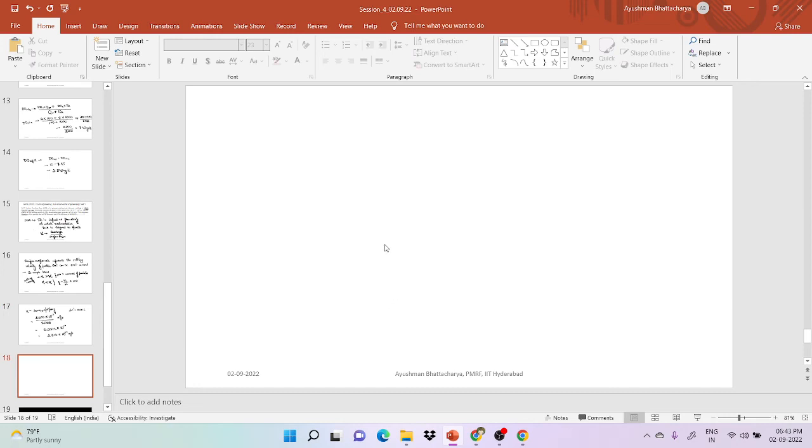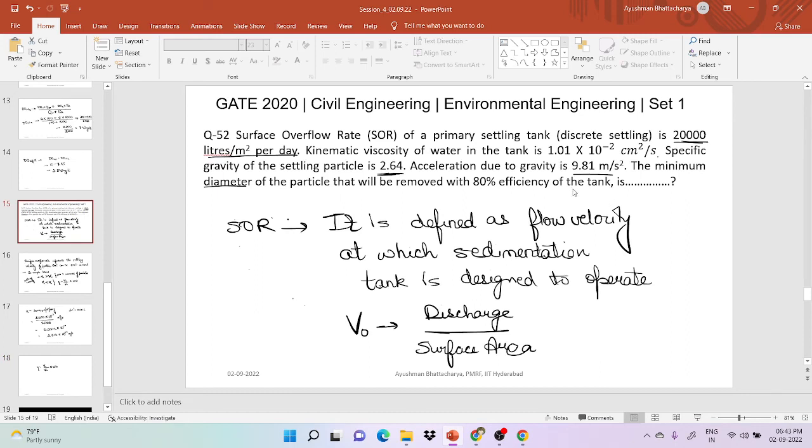Now we know the efficiency of the tank is Vs by V naught into 100. Knowing this, the question they have asked is the minimum diameter of the particle that will be removed with 80% efficiency of the tank.